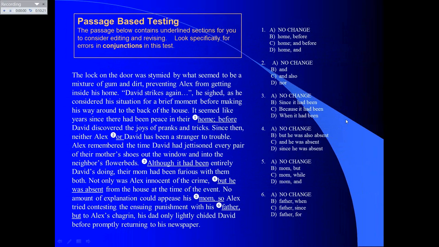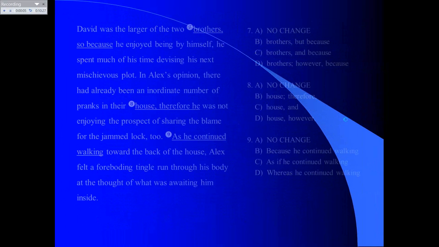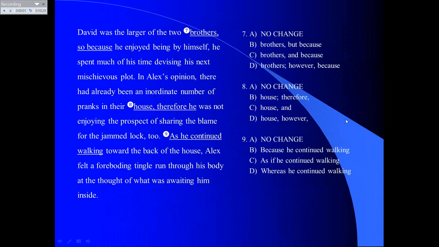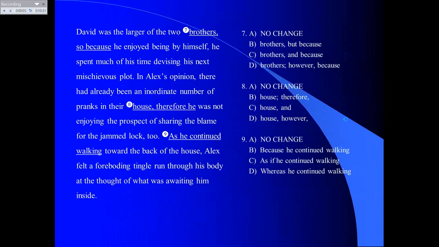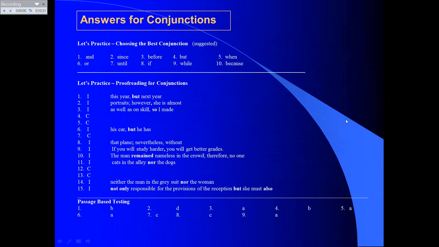And then we have our passage-based testing. Again, this is all about proofreading. So go very, very carefully through the passages and see what you've got there. Up here on the answer choices, you see where it says suggested answer. If you're not sure that what you've got is going to work, then mark it and then we'll talk about it.